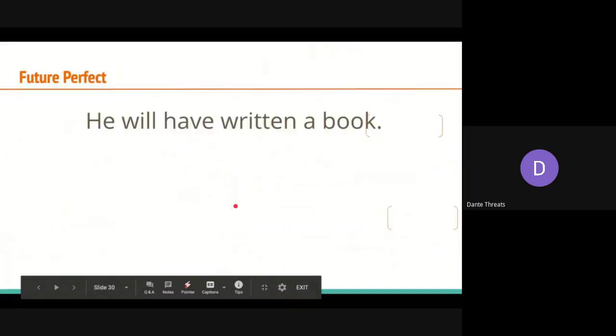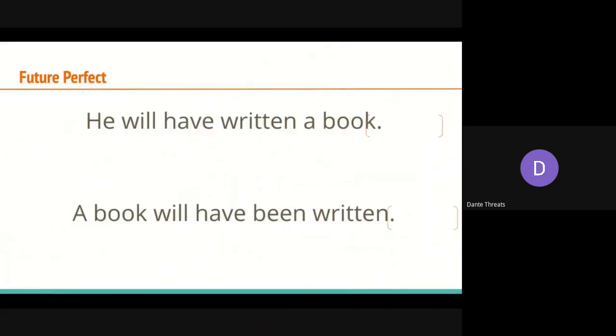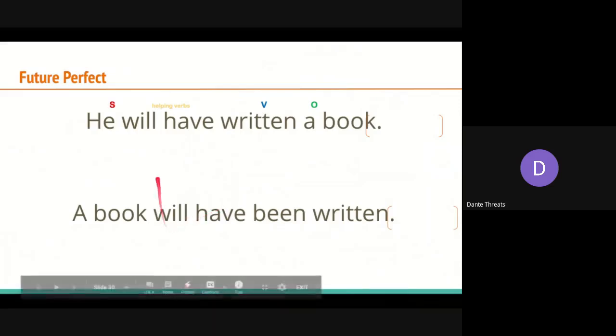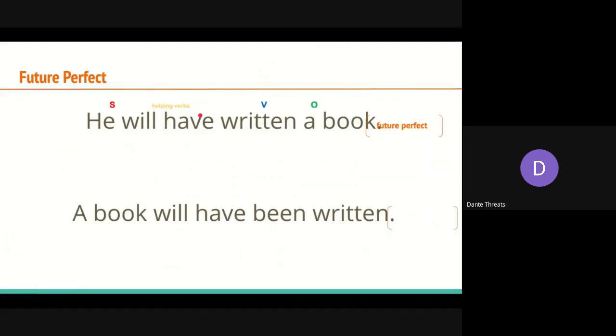All right. The last one, the future perfect tense, is the same as the other perfect tenses, except here we have two helping verbs, will and have. Okay, that is the future perfect. And then this is the passive voice sentence: a book will have been written.